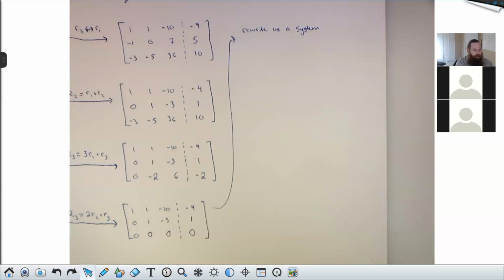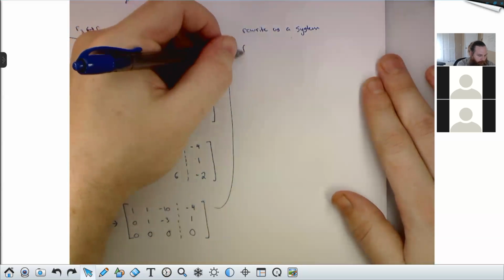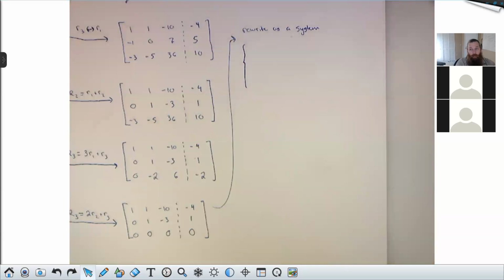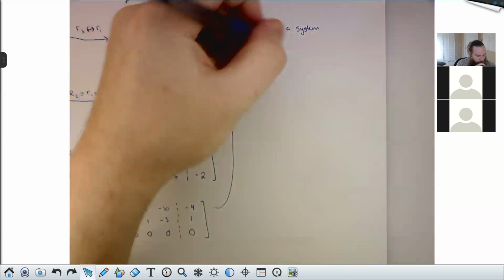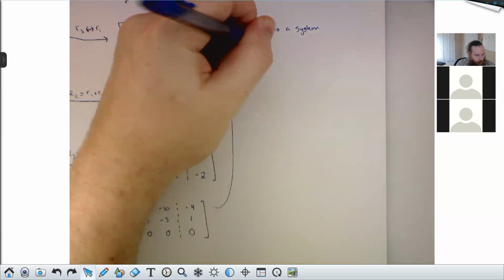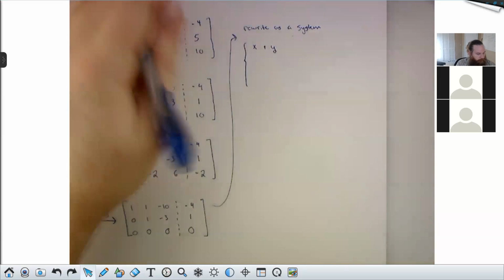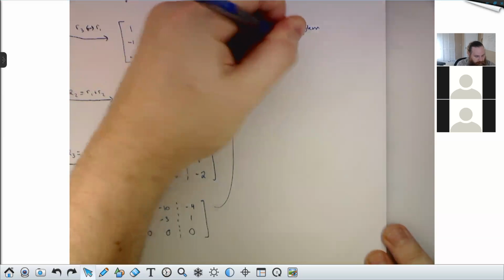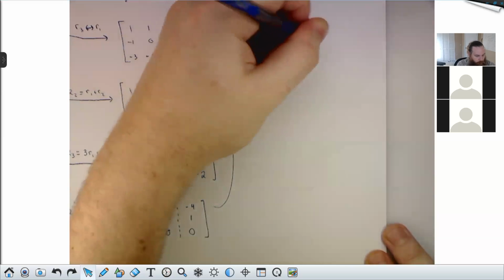Remember, when we talked about how to tell you have infinitely many solutions last week, I said if you get something like 0 equals 0, a tautology, that tells you that you have infinitely many solutions. This bottom row says exactly that. So from my first row, x plus y minus 10z is equal to -4.